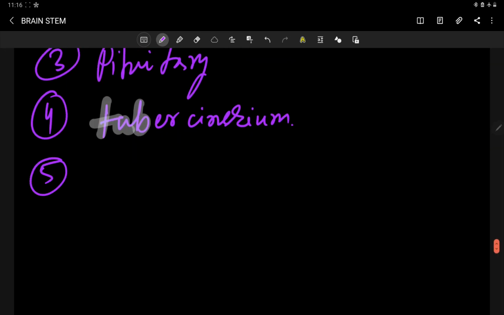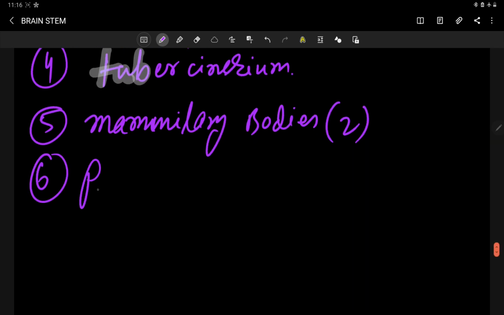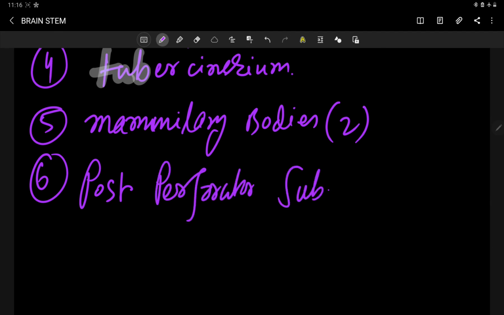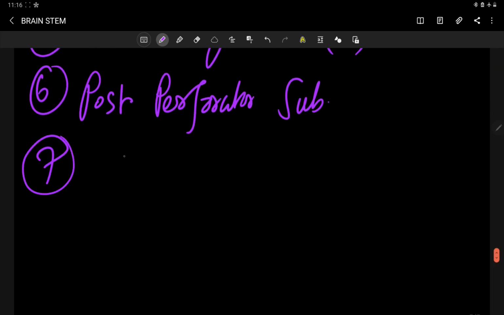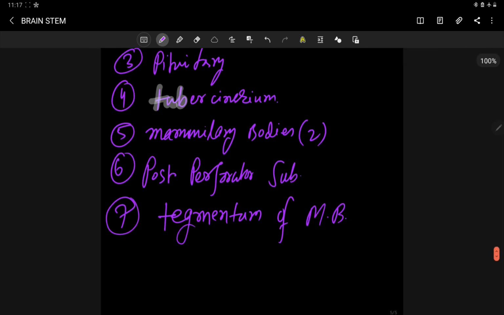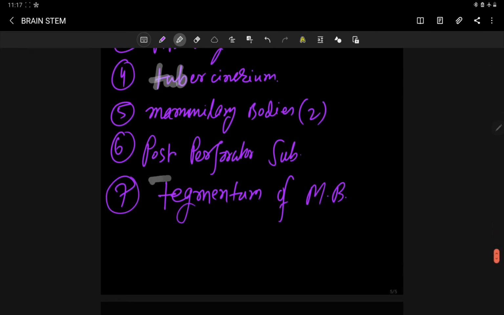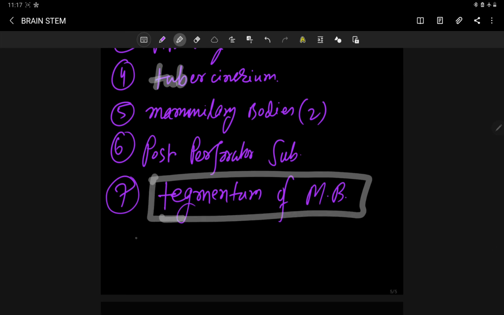Then add mammillary body, the mammillary bodies actually being 2 in number. Then add posterior perforated substance, and add tegmentum of midbrain. Just add 2 things: optic chiasma, tegmentum of midbrain, and remove the third cranial nerve.